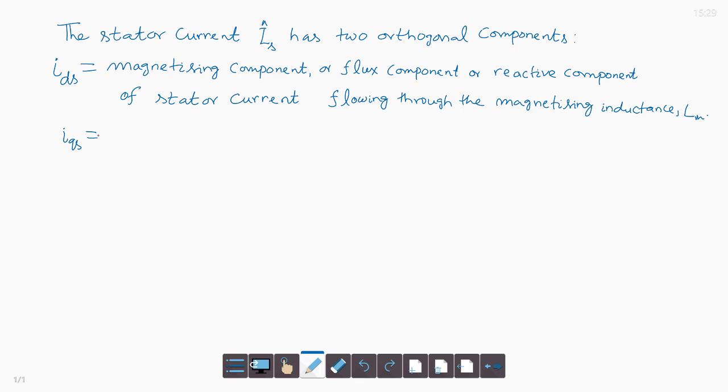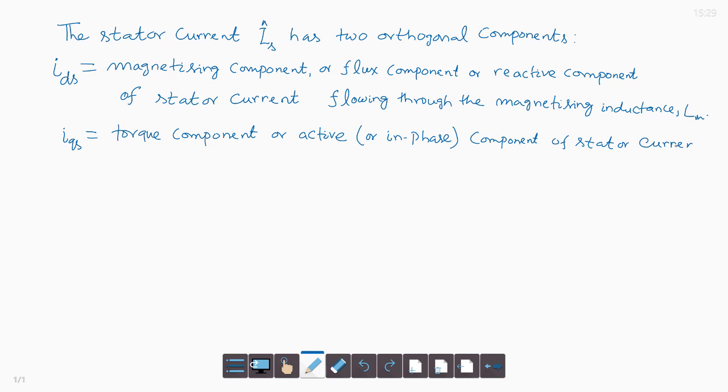The IQS is the torque component or active or in phase component of stator current flowing in the rotor circuit.